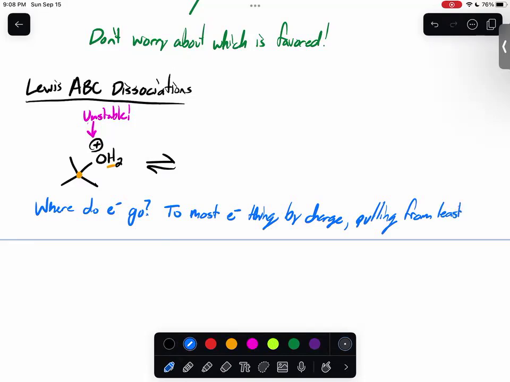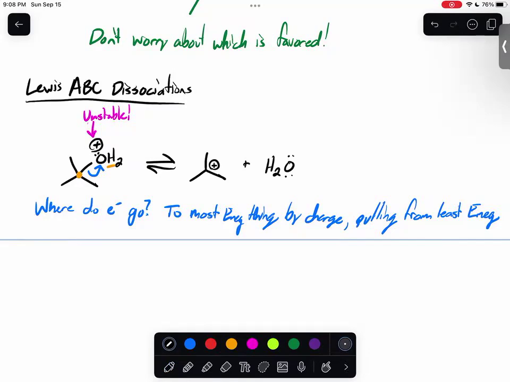Oh, sorry, not electron, it's supposed to be E neg. You're pulling from the least electronegative thing. So since carbon is less electronegative than hydrogen, and oxygen is the most electronegative thing with the charge, the electrons are going to go from the carbon to the oxygen, and that's going to leave our carbon with one less bond, which means it is now positively charged. And our oxygen gains a new lone pair, right? It had one over here when it was positively charged, now it has two, and it is now neutral.